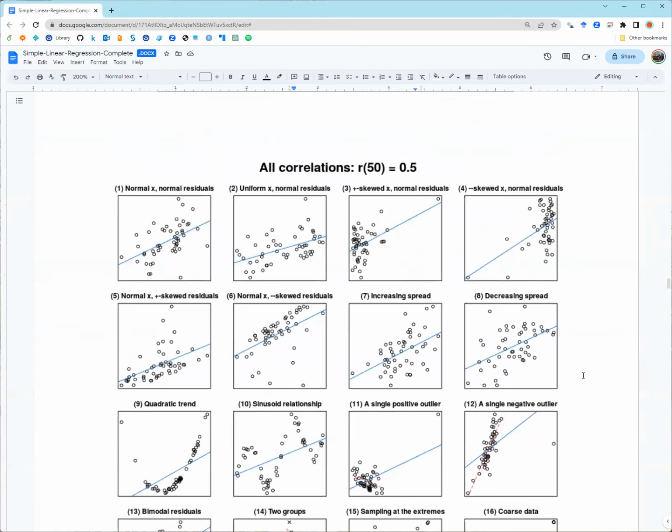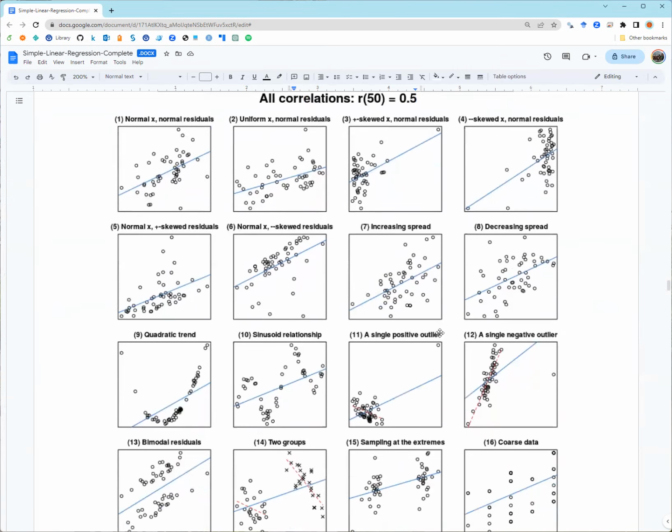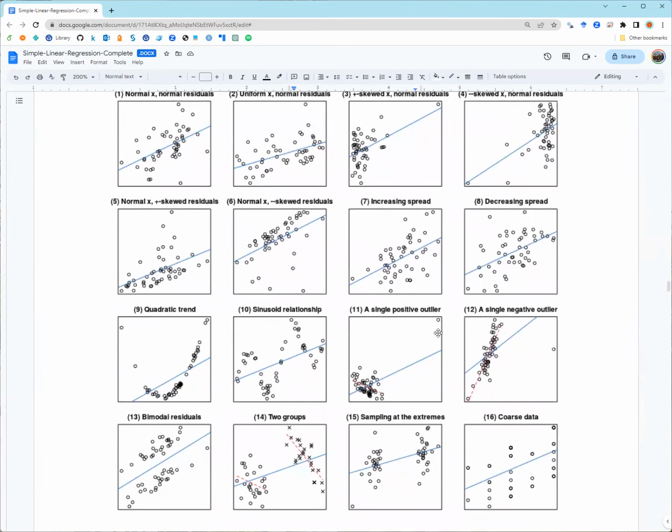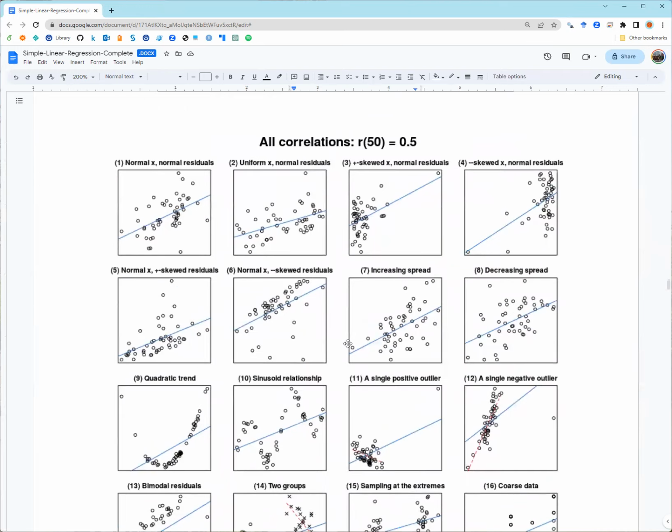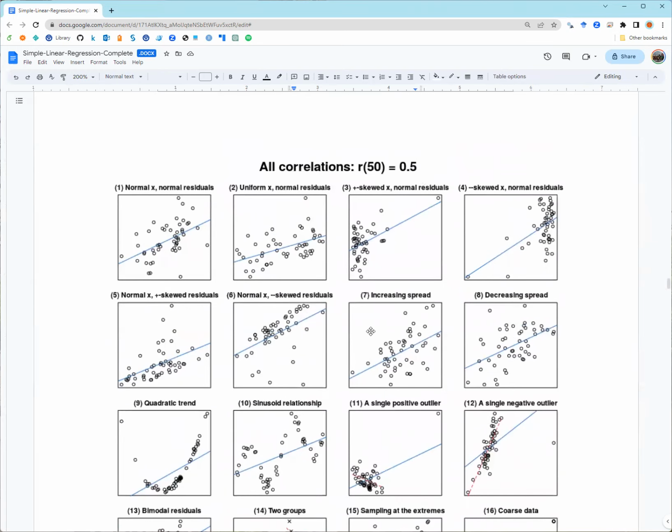And someone made this grid showing all these different kinds of data sets to really emphasize this point that checking how linear the relationship is by looking at a scatter plot is super important. Okay. All of these data sets here have a correlation of positive 0.50.